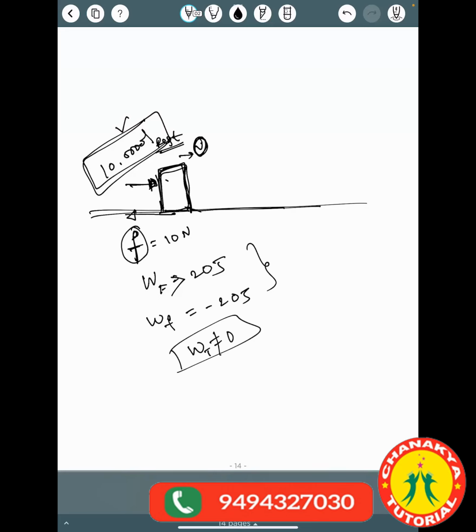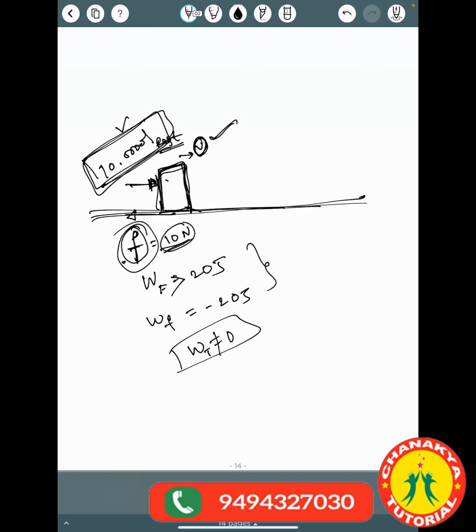Remember this. Whenever there is a uniform velocity on a rough surface, and you are using any external force, you have to push more than this 10 Newton. If you don't apply force, you cannot move this block because friction is there.